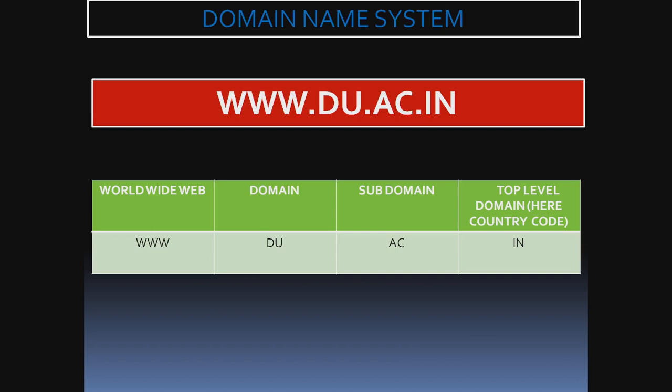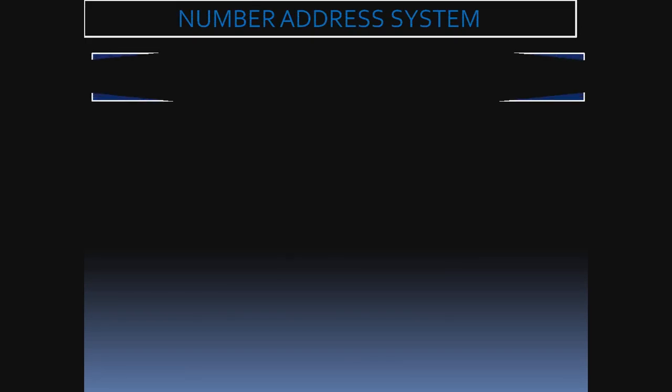Now students, with domain name system, we have a system called number addressing system. You would have heard the word IP address. Each website, each web page has a unique IP address, and this address contains 4 numbers separated by 3 dots. We'll see that, students, this number addressing system.